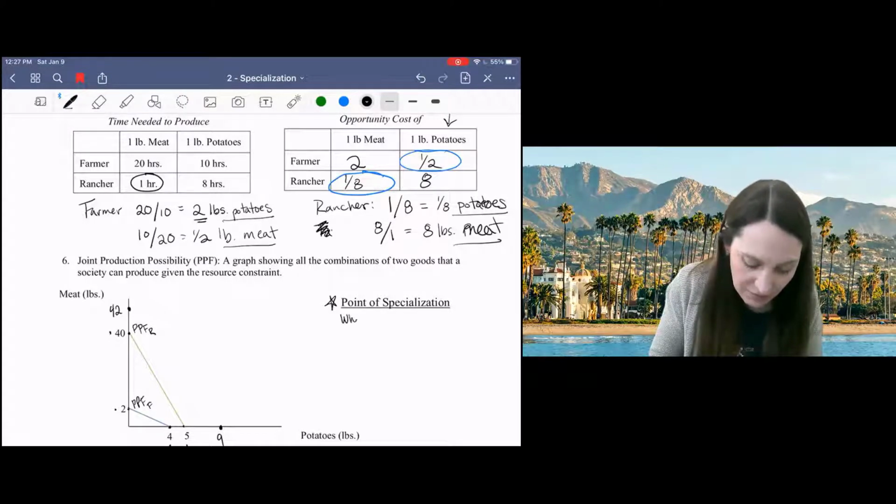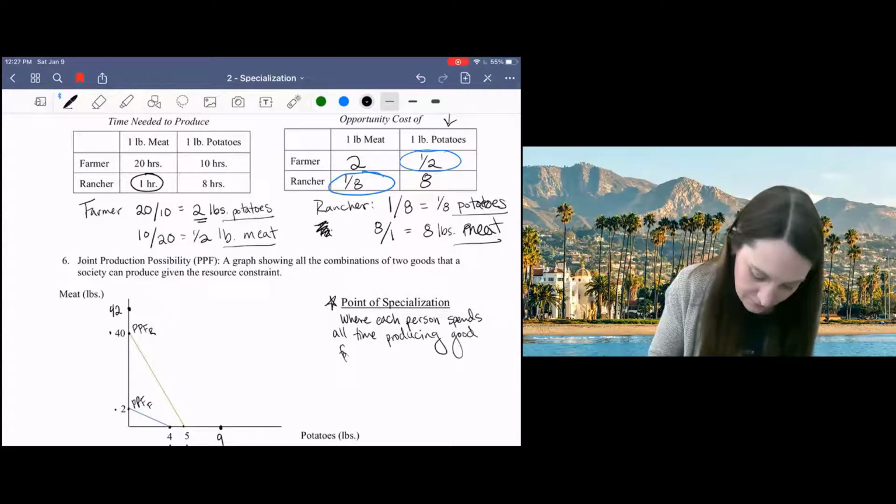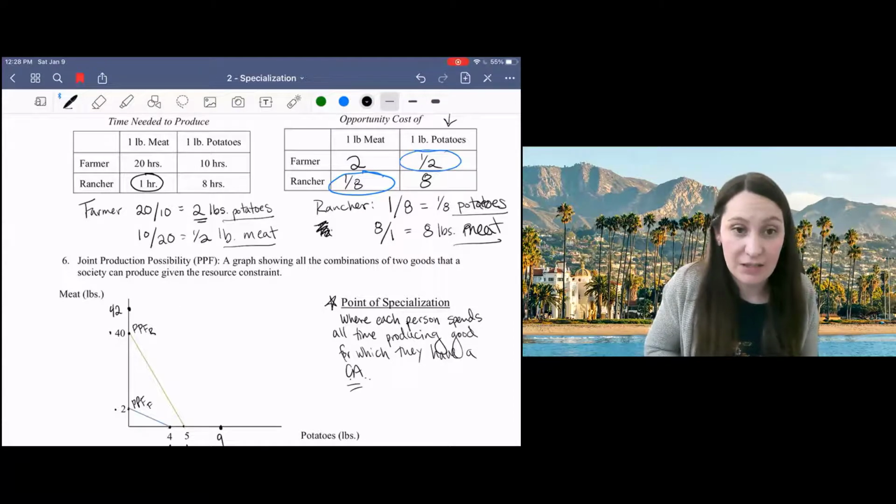It is the point where each person spends all of their time producing the good for which they have a comparative advantage. In other words, they specialize their production.